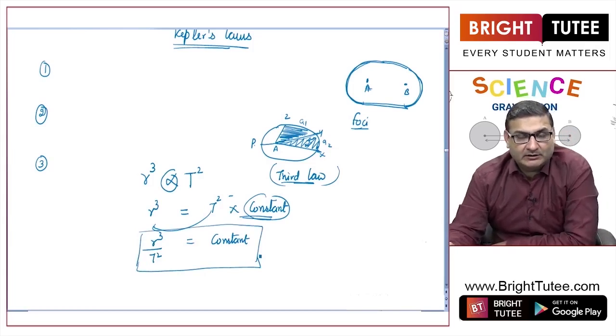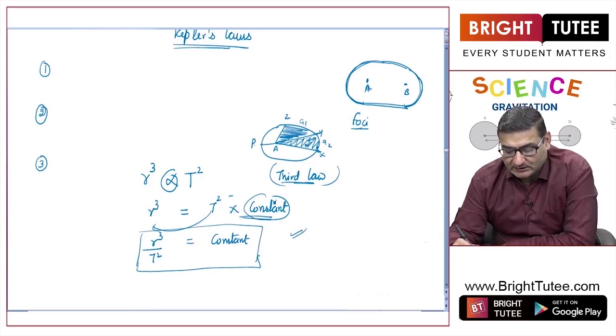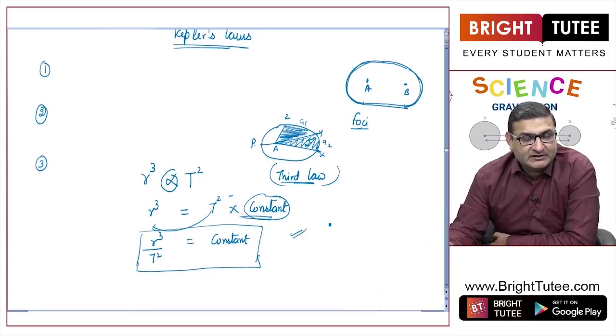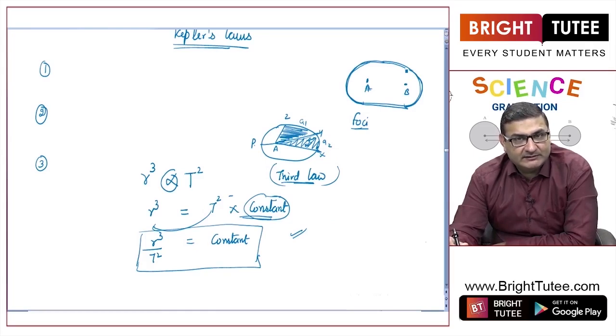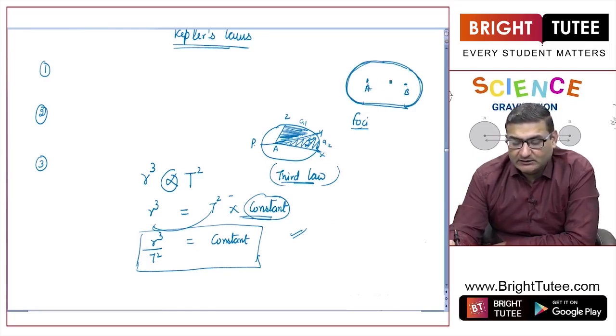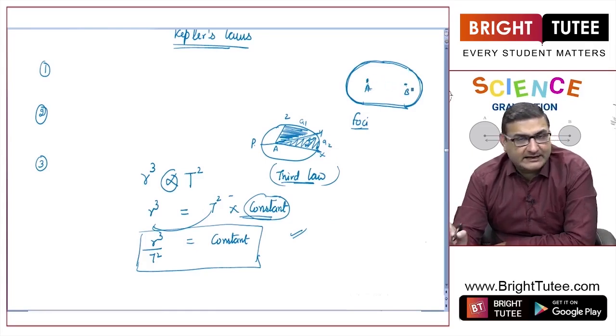This is quite important that we need to remember, and we will be utilizing this third law just in the next topic. So, these were Kepler's 3 laws. I repeat the 3 laws. First of all, he gave the law that the planets are not orbiting in a circular orbit around the sun, they are in elliptical orbits, and the sun is not at the center, it is on either of the two foci.